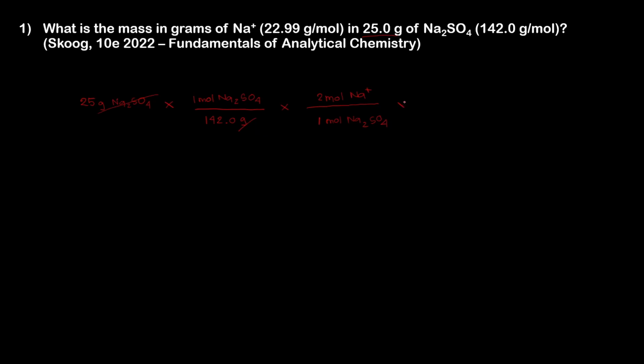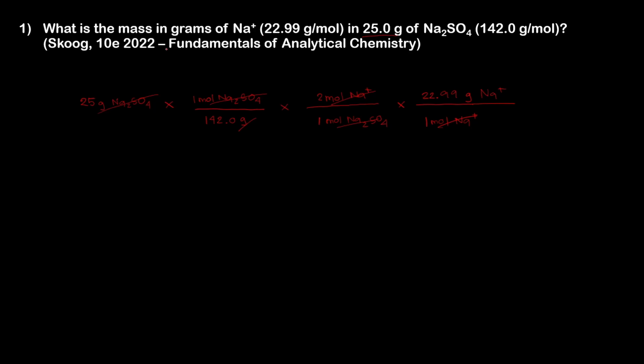And now we know that the molar mass of sodium is given. If this is not given, you may use the periodic table, where the molar mass of sodium can be found. Okay. So 1 mole of sodium, or sodium ion, is 22.99 grams. Okay. Now we can cancel moles of sodium, and we're left with grams of sodium.